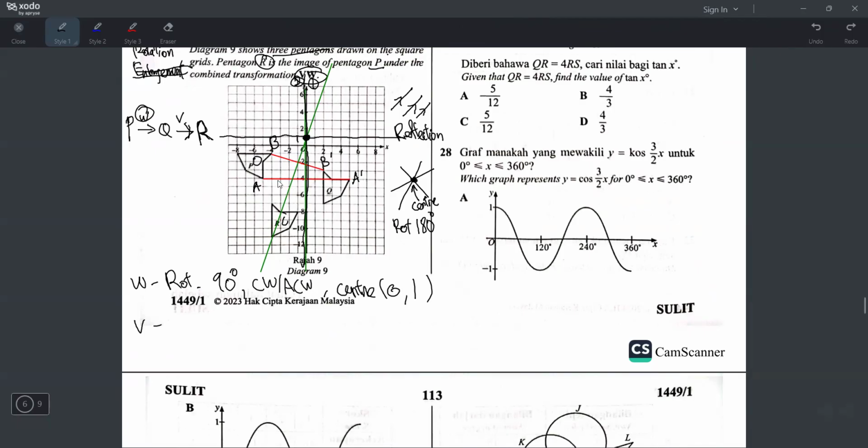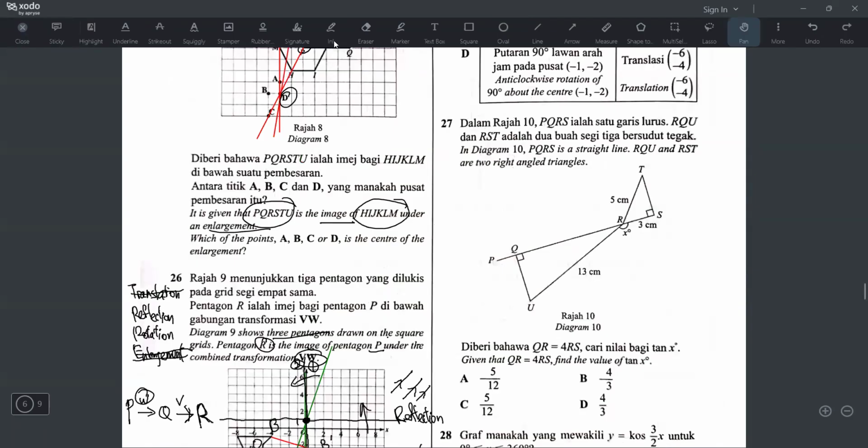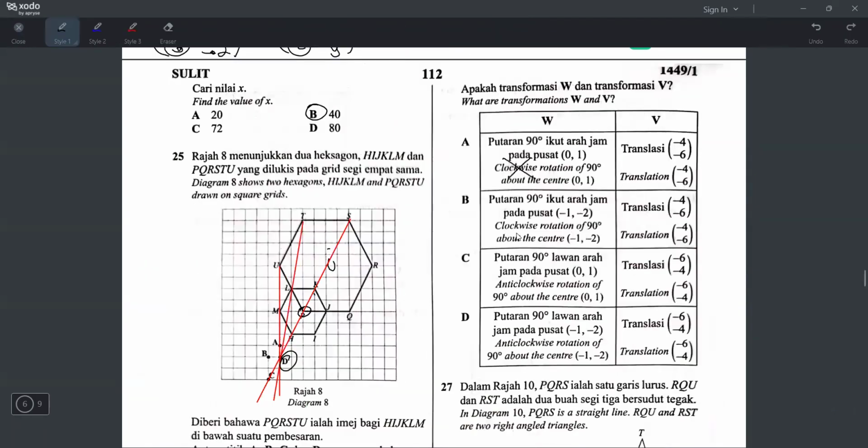So it goes in this direction. This direction means anti-clockwise. So it's a rotation of 90 degrees anti-clockwise, center 0, 1. So for ABCD, clockwise is wrong, clockwise is wrong. Anti-clockwise is correct, but the center is wrong here. So C is the answer.